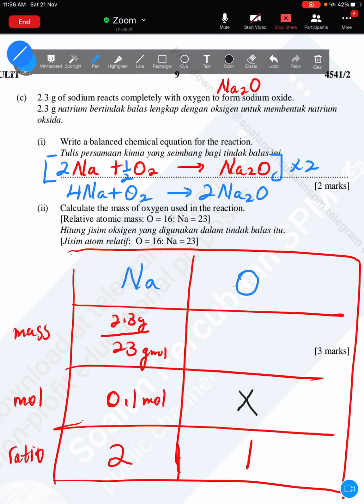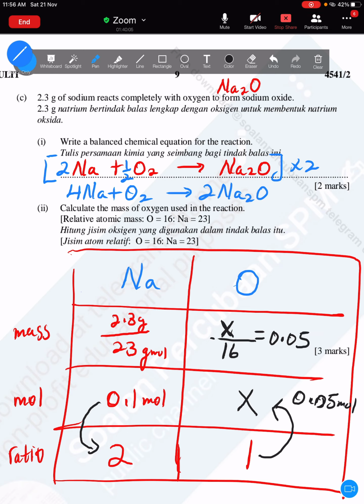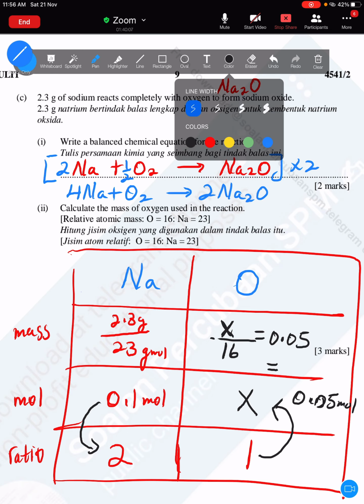Okay, guys, this is just simple mathematics. If 0.1 is equivalent to 2, 1 is equivalent to how much? A simple ratio calculation. Tell me. Very good. It is 0.05 mole. Excellent. Guys, you know this is X, the mass. You do not know. Okay? And the molar mass of oxygen is 16, equivalent to 0.05. Guys, can you calculate the mass of oxygen?